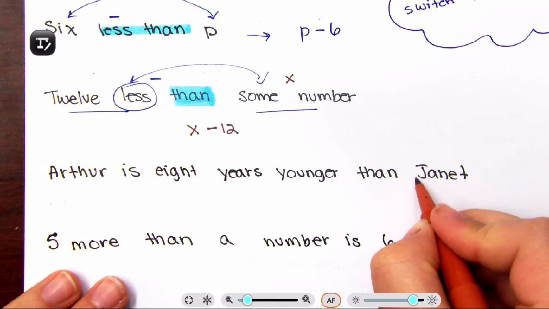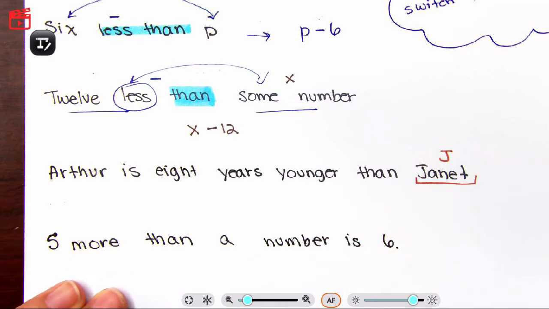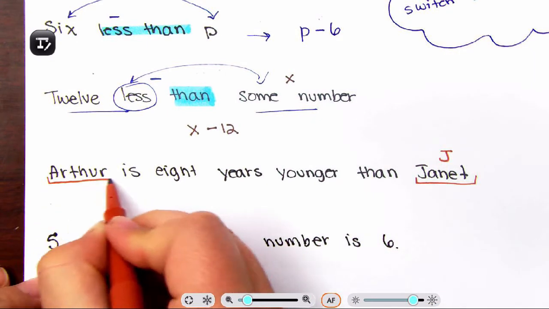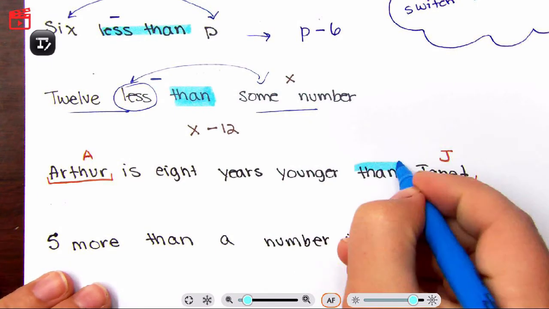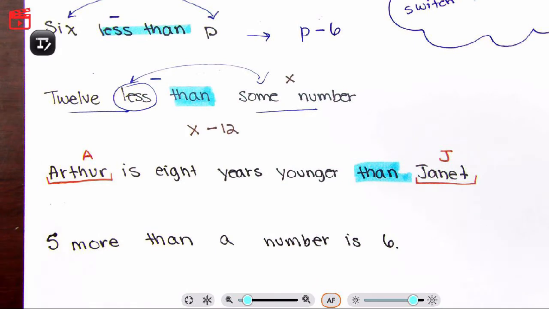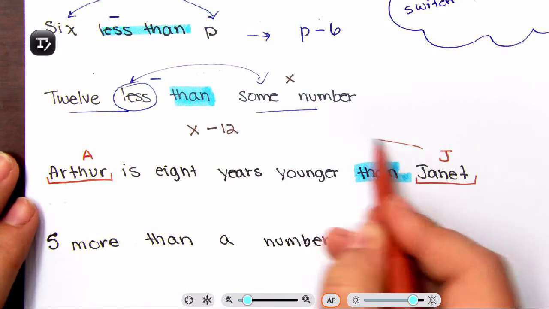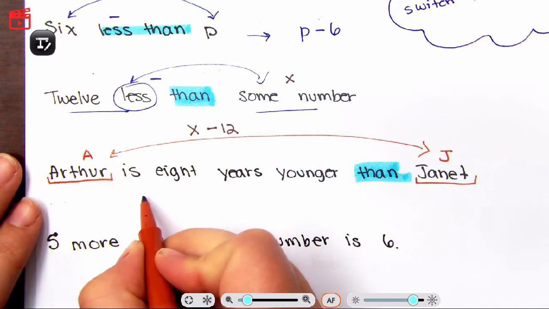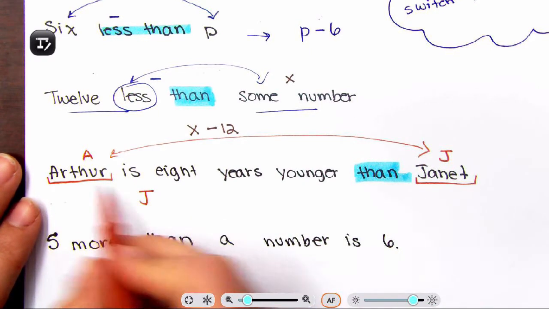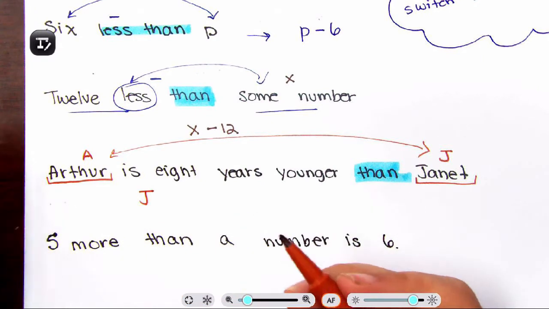So let's go ahead and say Janet is J and Arthur is A. Again, a variable is just a letter that represents a number. It doesn't matter what letter you choose. Because there is this than, that means Janet is going to be coming first, followed by Arthur.